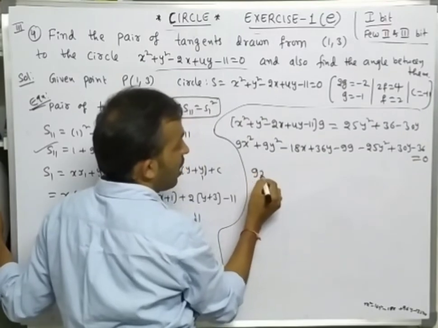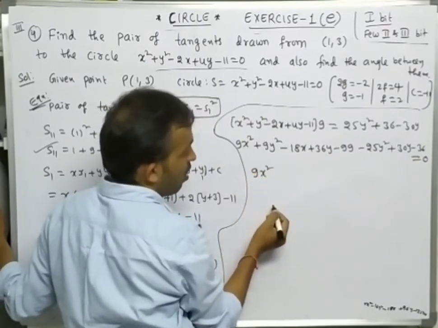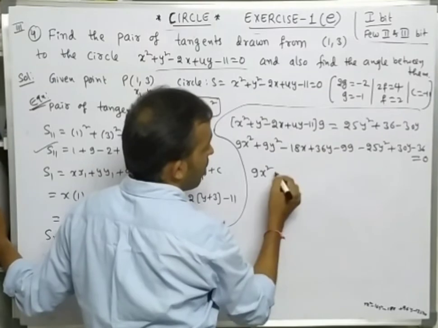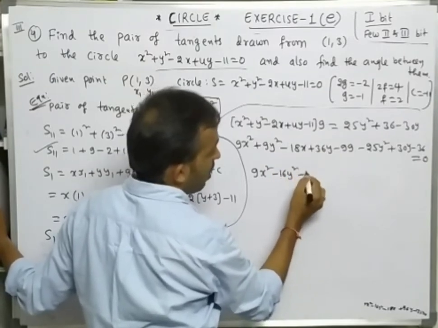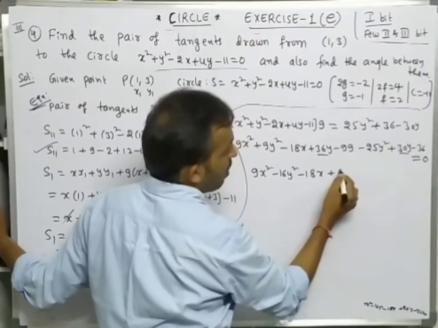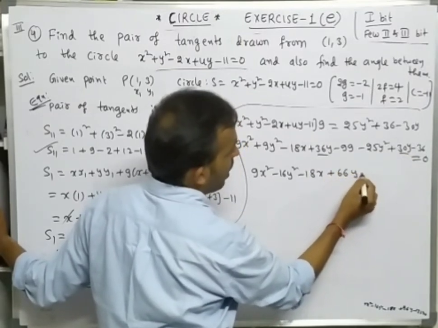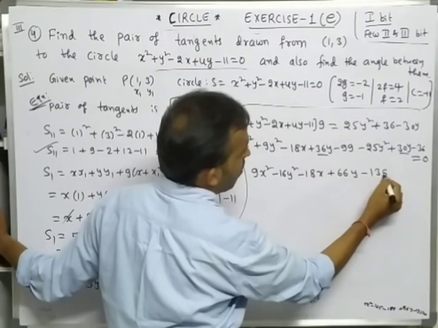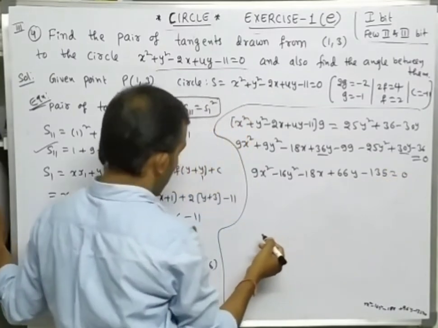So finally the combined equation of pair of common tangents is 9x square minus 16y square minus 18x plus 96y minus 135 is equal to 0.